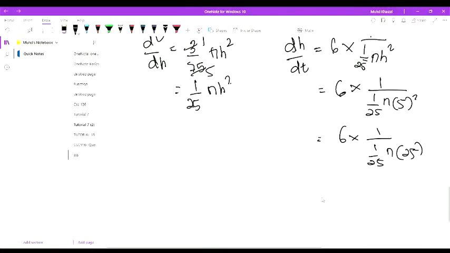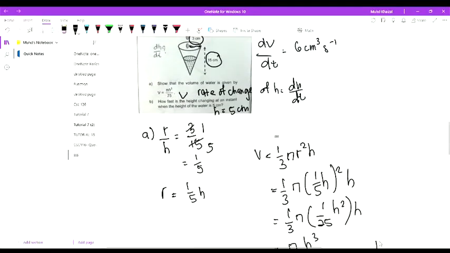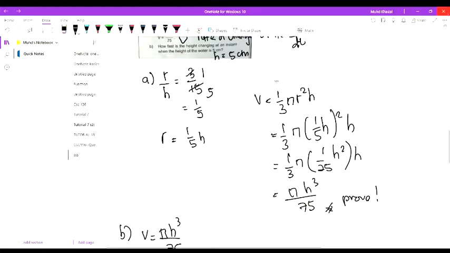So we can simplify both, equal to 1. So we get 6 times 1 over pi, and the answer is 6 over 5. So we solved all of the question of the related rates concept. So that's all from me. Thank you.